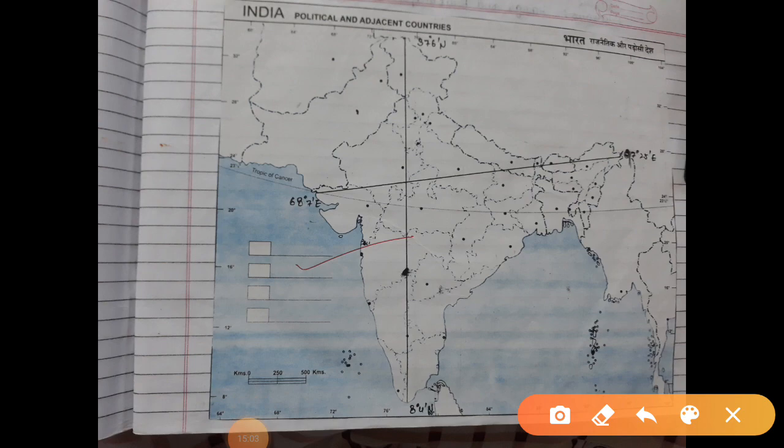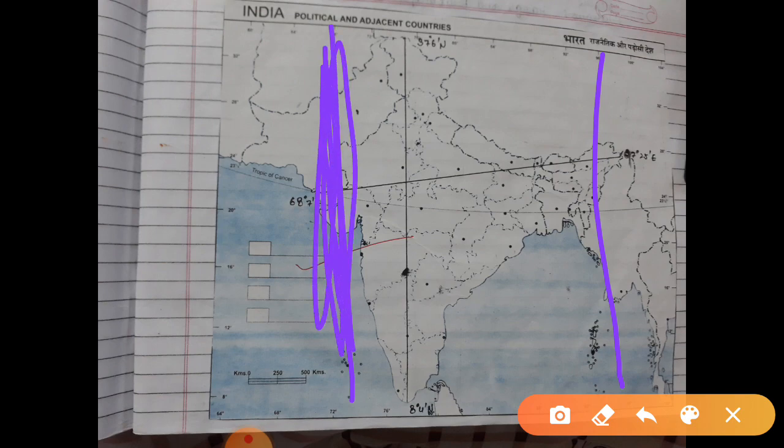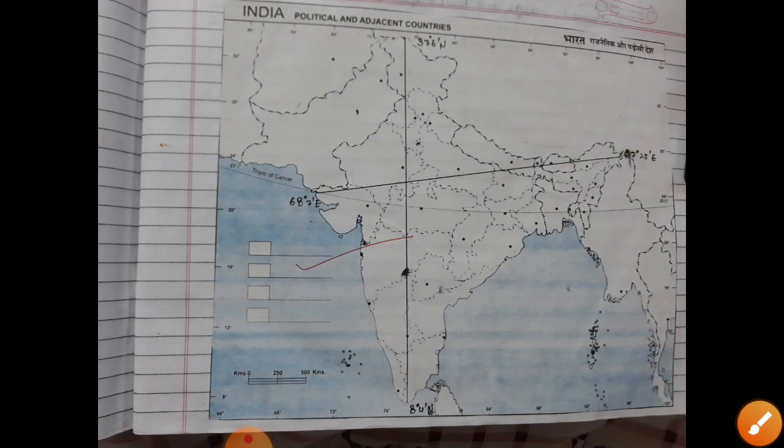Yes. Now see. This is India, and India is also lying between the latitudes and longitudes. These are the two longitudes. This is the westernmost part of India, and this is the easternmost part of India.